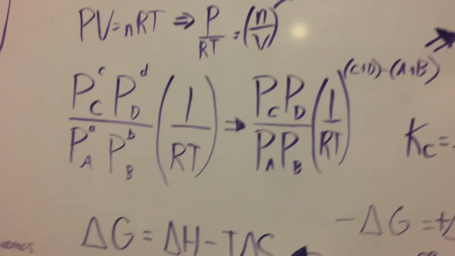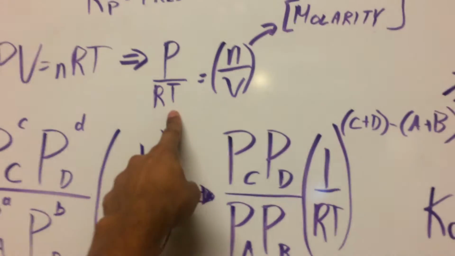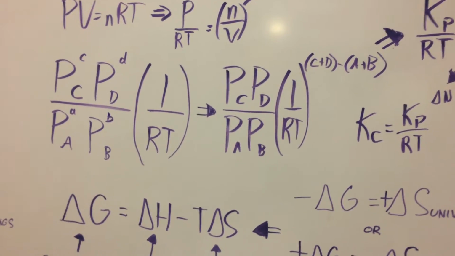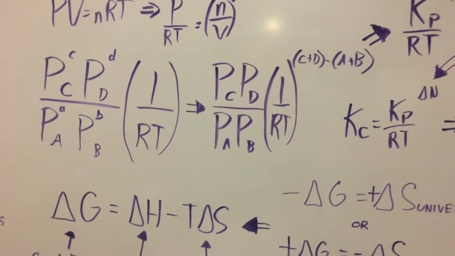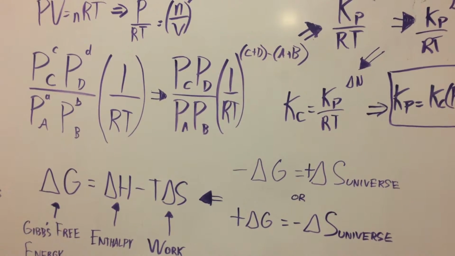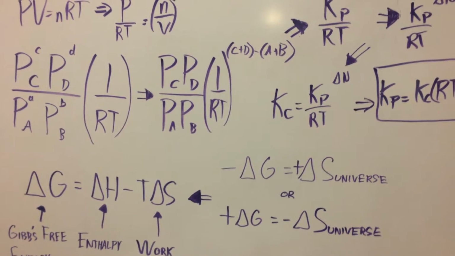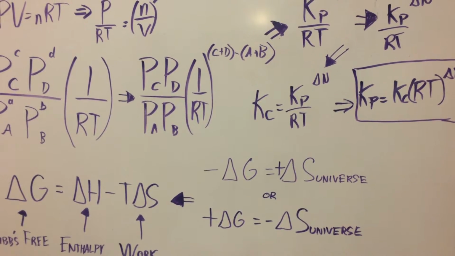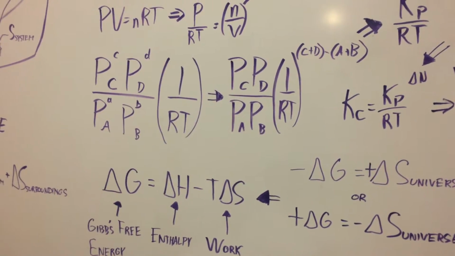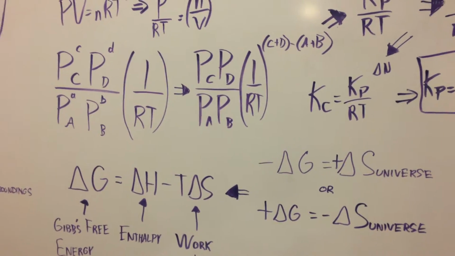Coming back to this, you would still have to multiply by the RT, which would be from the P over RT, and you can then change the equation into Pc times Pd over Pa times Pb, and this is multiplied by 1 over RT to the power of c plus d, which are the products, minus a plus b, which are the reactants.